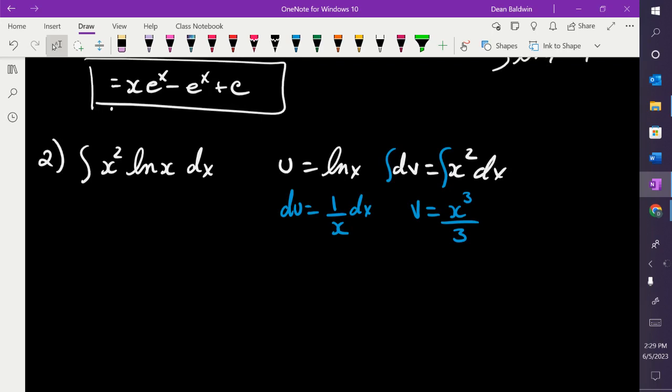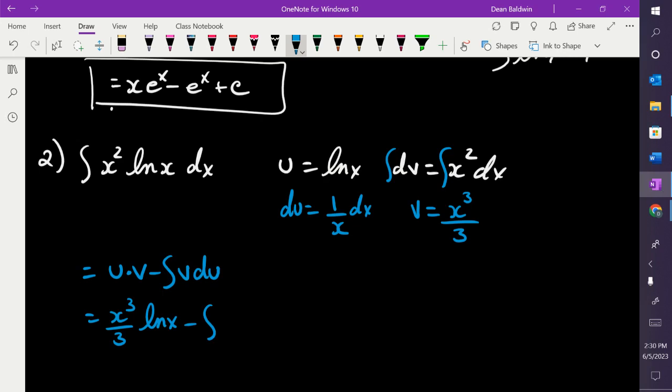And then you just put it into the formula, which is u times v minus the integral of v du. Our u is natural log of x. Our v is x cubed over 3, minus the integral of v, x cubed over 3, times du, which is 1 over x dx.